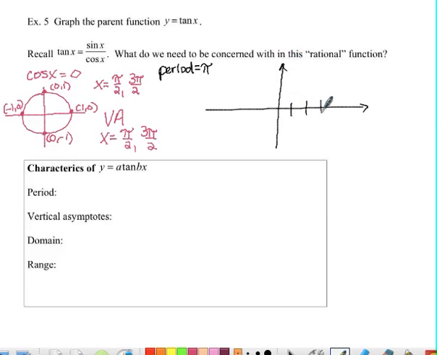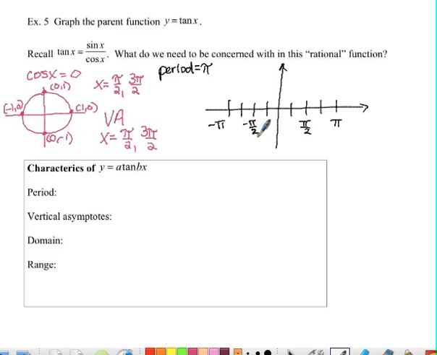We're going to count 4 tick marks to the right and call it the period length. 4 to the left and call it the period length. So it's the same process as sine and cosine.